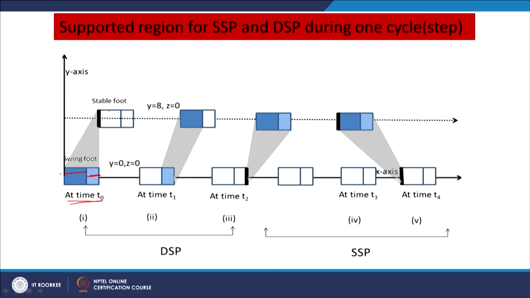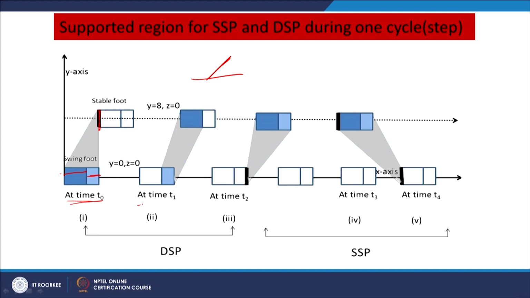At the same time, the stable foot is about to step on the ground. Only the heel portion is touching the ground and the remaining portion is in the air. The white portion means they are all on the ground.